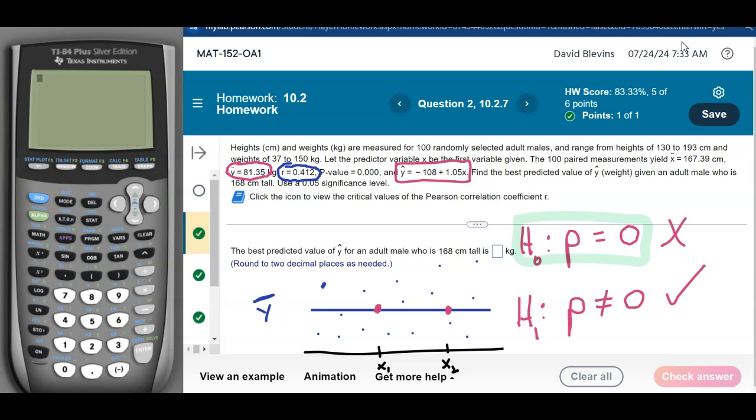But if we ever get the scenario where the p-value is greater than alpha, if this number was greater than 0.05, then that means that we don't have the evidence to support the alternate hypothesis. And so again, we're not saying that the null is true.